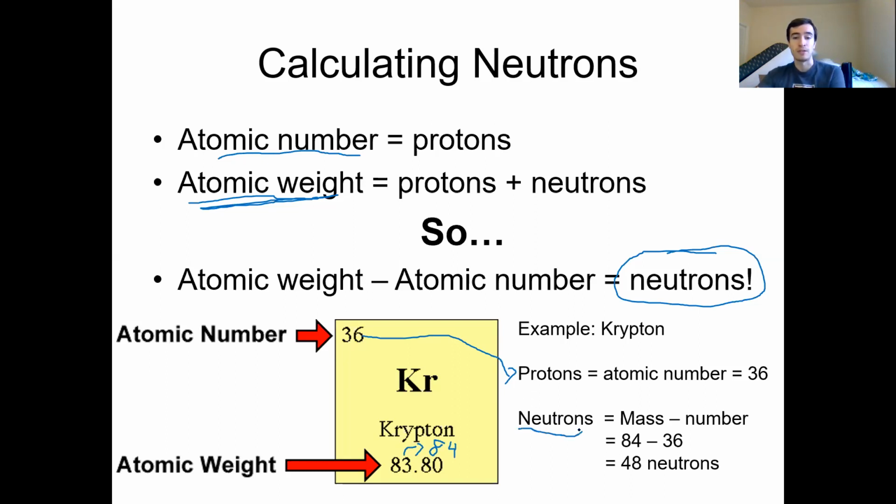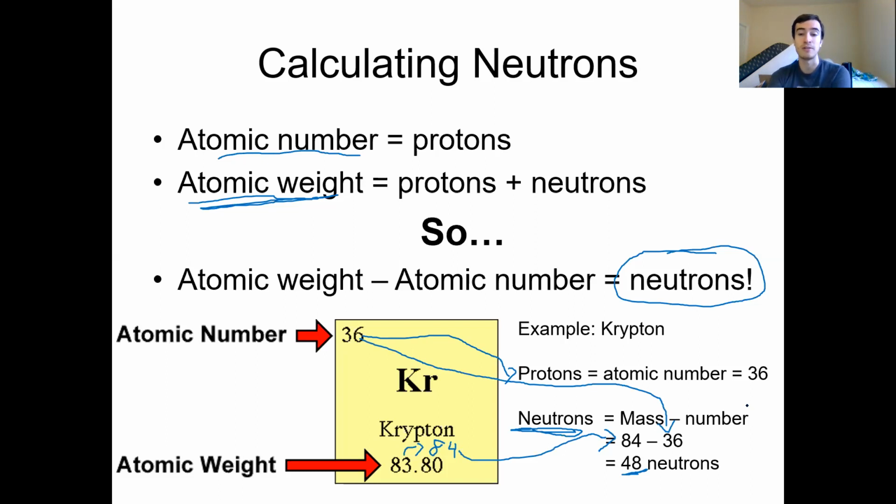If we want to figure out how many neutrons that krypton has, well, we know the weight, we know the number, and so if we do the atomic weight, or mass, minus the atomic number of 36, 84 minus 36 equals 48. So krypton has 48 neutrons and 36 protons. This is what is present in the nucleus of krypton.